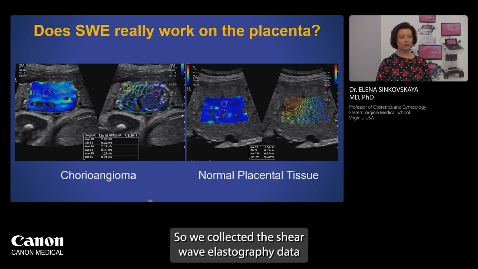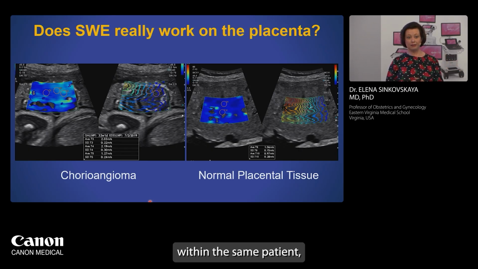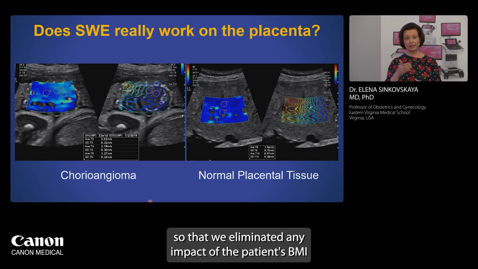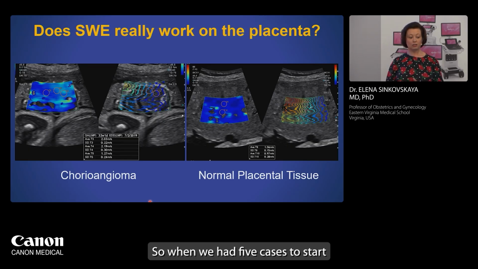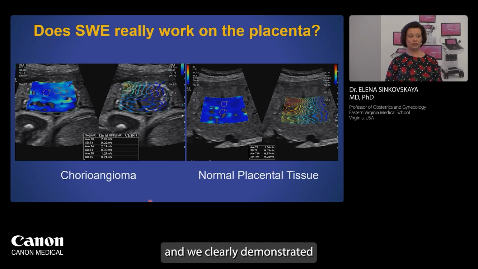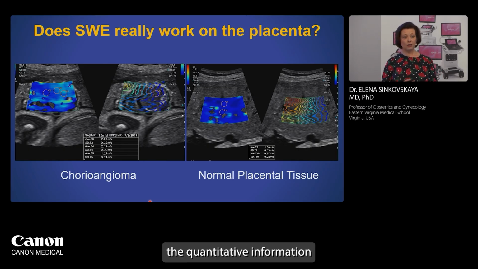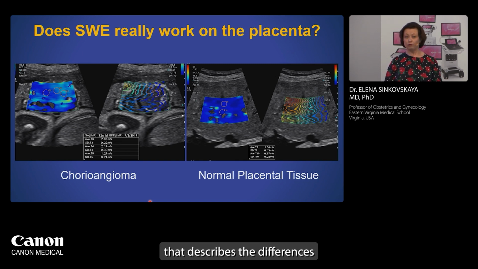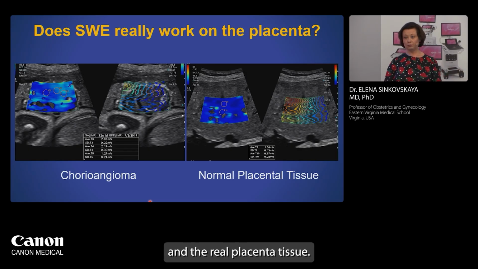We collected the shear wave elastography data from the chorioangioma and the normal placenta within the same patient, so that we eliminated any impact of the patient's BMI or other scanning conditions. We had 5 cases to start, and we clearly demonstrated that shear wave elastography was able to provide quantitative information that describes the differences in different placental structures, such as the chorioangioma tissue and the normal placenta tissue.